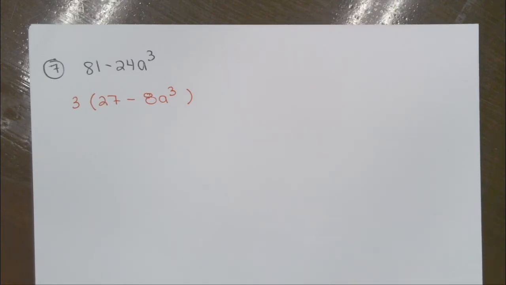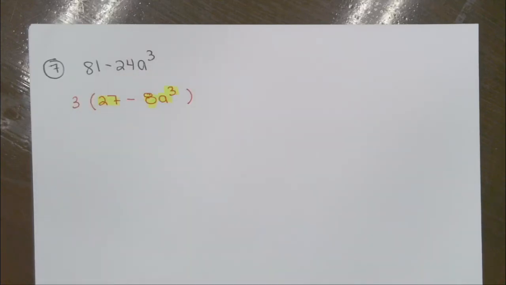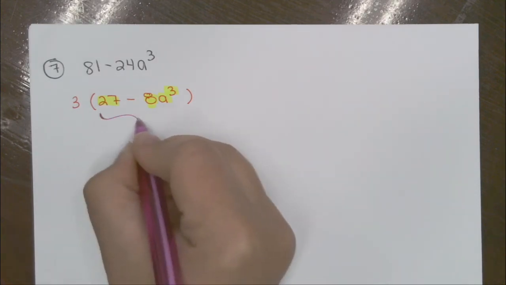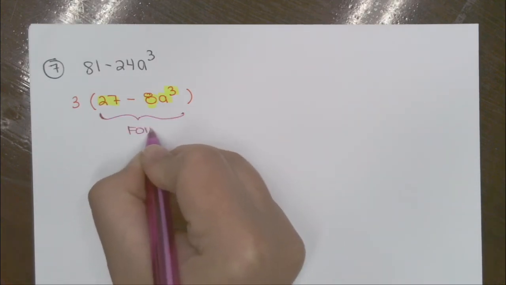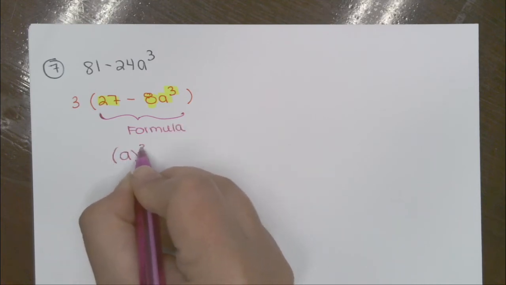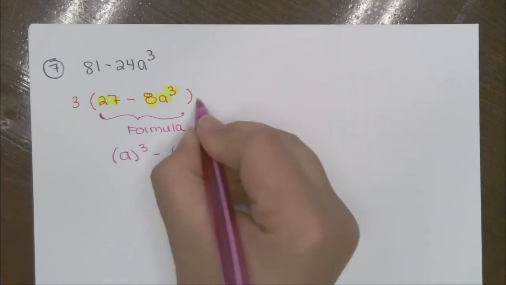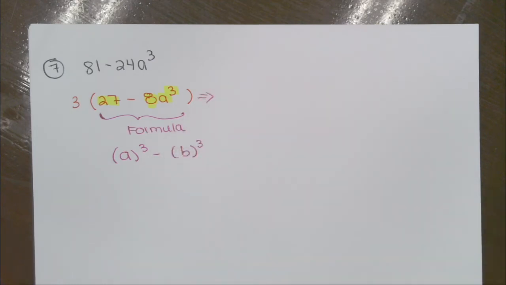Anytime you have a cubic, take a look at that cheater board. I'm not going to remove it for tomorrow. It is there for you. That means you have to use your formula. We have a cubed minus b cubed. Get it into that formula and just plug numbers in the correct spot.